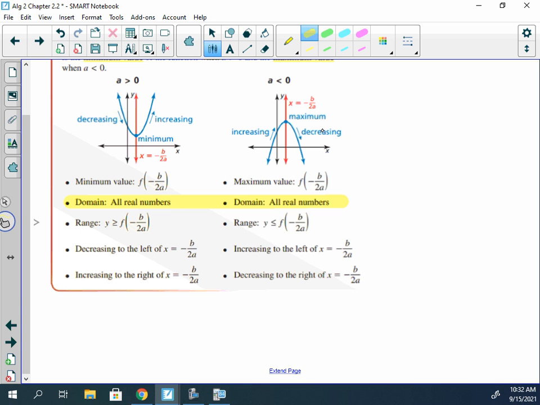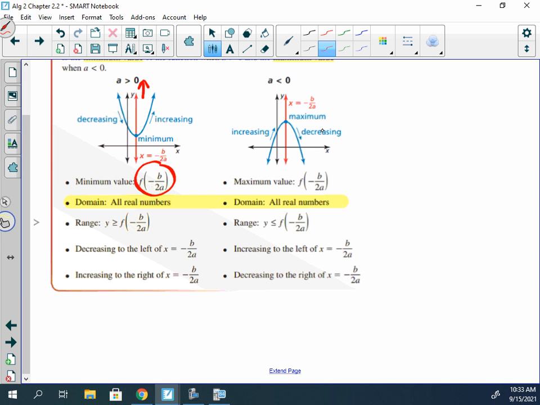The range is the minimum or maximum value. Well, this f of -b over 2a, that's the x value of the vertex. The vertex is going to be the maximum or minimum value depending on how it opens. Because for this here, when a is greater than 0, it's opening up, yes? So no matter what point I pick on the graph going to the left or to the right, there will always be a point bigger than it.